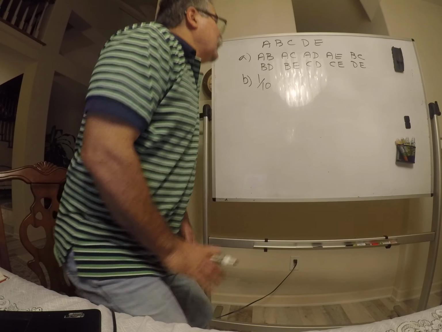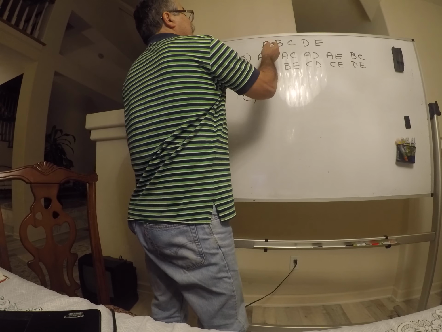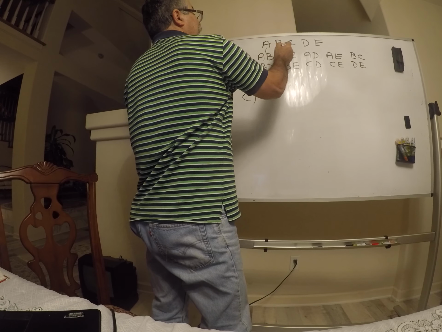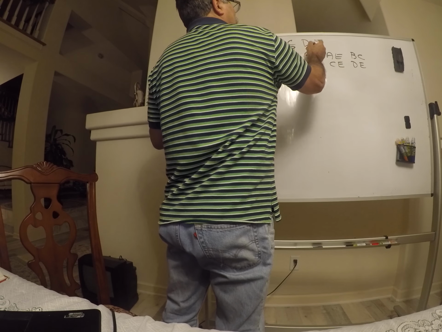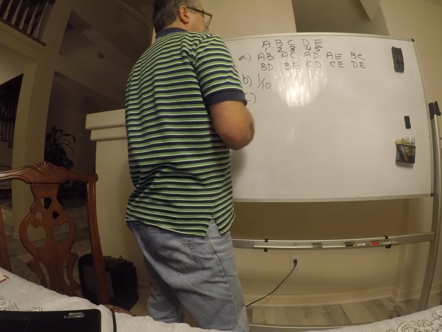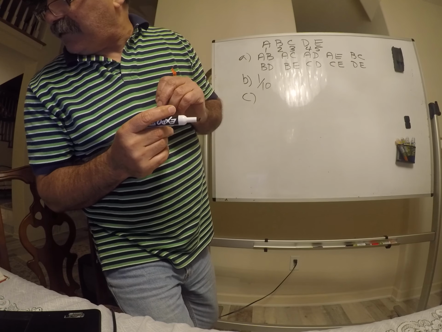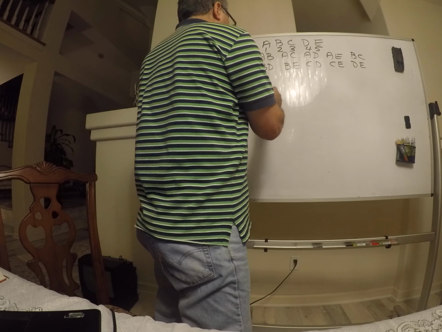8057532. So what they say in here for part C, they say that you assume that 1 is associated with A, 2 with B, 3 with C, and so on, 4 and 5. And then these numbers are given: 8, 0, 5, 7, 5, 3, 2.